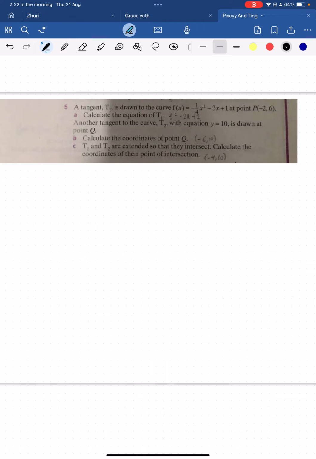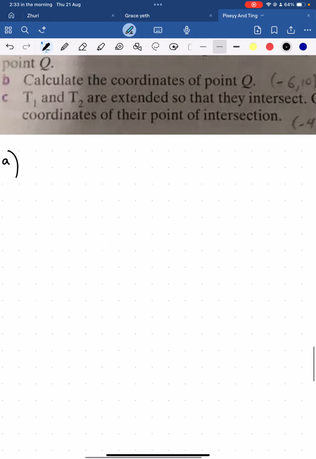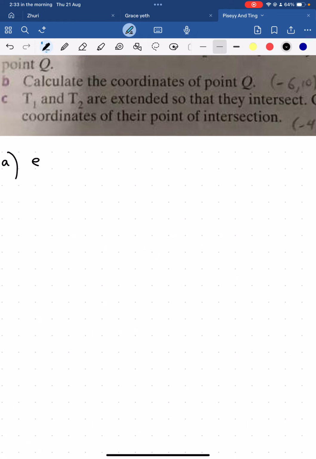So actually, like I told you, the equation of T1 means y minus y1 again equal m times x minus x1.